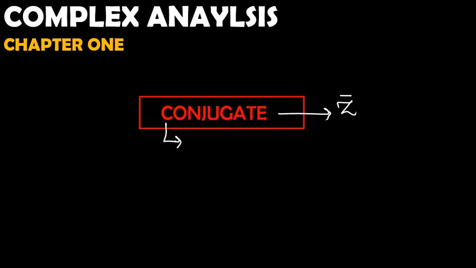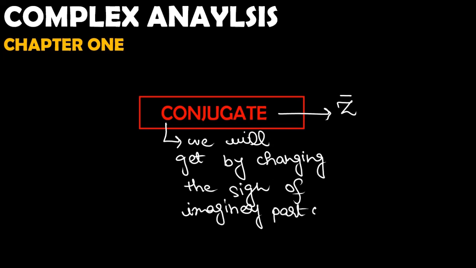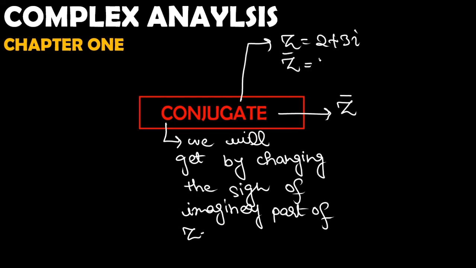We get the conjugate by changing the sign of the imaginary part of Z. For example, if I have Z is equal to 2 plus 3 iota, then I will get its conjugate by changing the sign of the imaginary part.